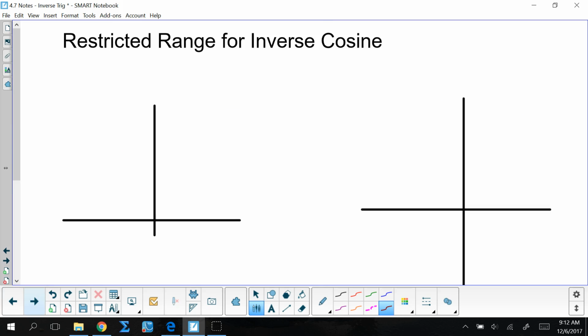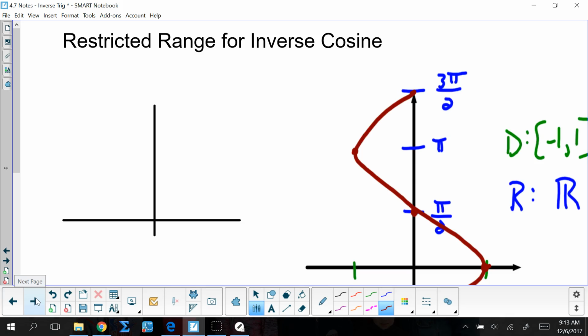So, I should just do this. Okay. Just doing some math trickeration there. All right? So, I need to restrict that value now, right? To make it be a function. So, I need to hit every value from negative 1 to positive 1.